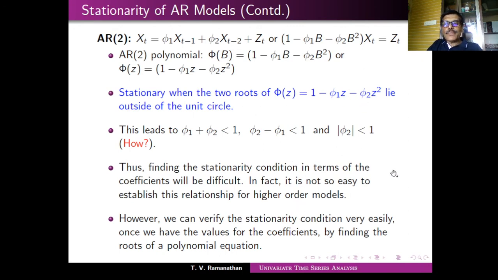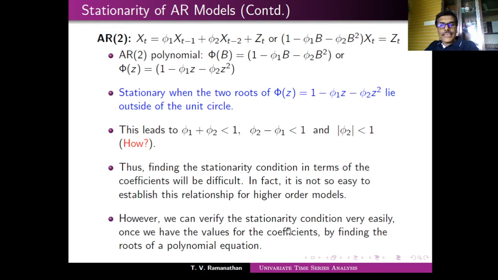And in fact, we can show that the condition that two roots lie outside the unit circle can be further written in terms of phi 1 and phi 2, because the roots are in terms of phi 1 and phi 2. For example, in the AR1, what is the root? It is only one root, and z is given by 1 upon phi. Similarly, in the case of AR2, there are two roots, z1 and z2, which will be written in terms of phi 1 and phi 2. Some functions of phi 1 and phi 2. That's going to be the root. We will discuss that in a minute.